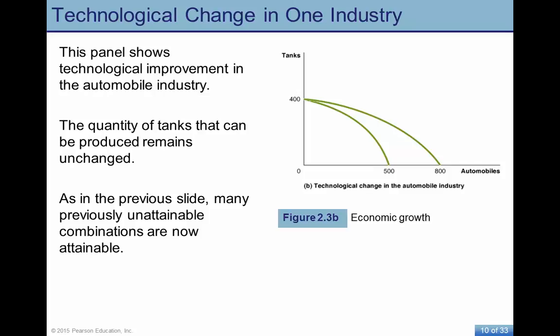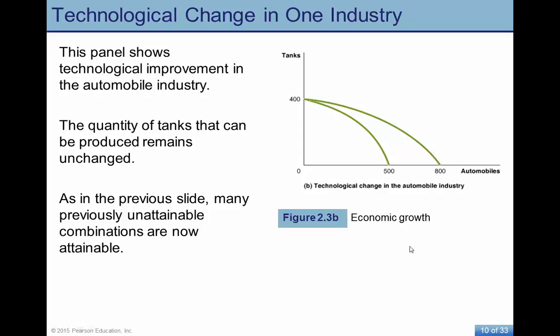Technological change in one industry. Now look at this graph. In this panel, it shows technological improvement in the automobile industry. Look at my cursor. The quantity of tanks that can be produced remains unchanged.